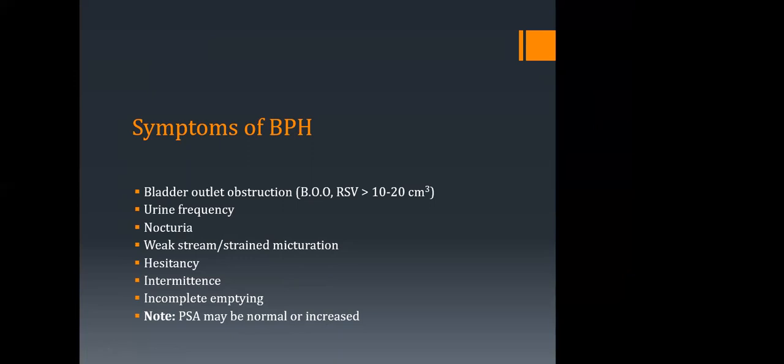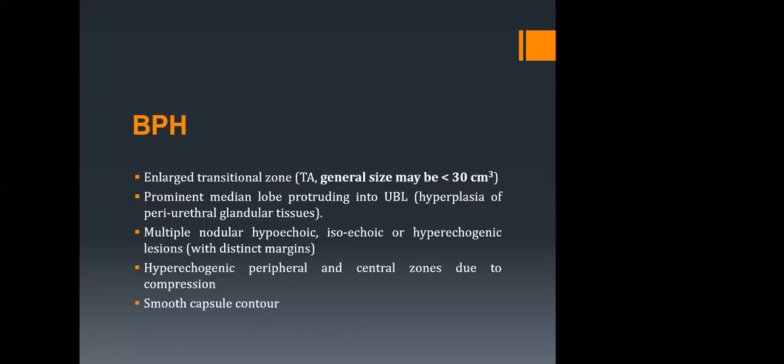When you have this, you are thinking of BPH, and what do we look for in BPH? First and foremost, you may have a generally enlarged gland. The entire prostate is enlarged. The volume is greater than 30 cubic centimeters.